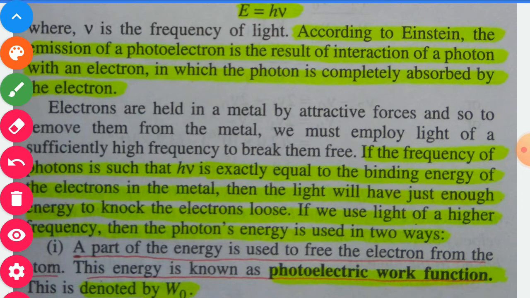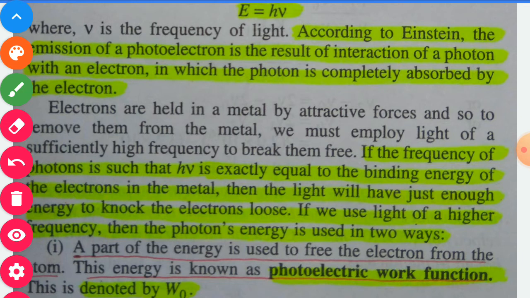So if the energy of the photon is just equal to the binding energy, then the electron just ejects but does not achieve kinetic energy.